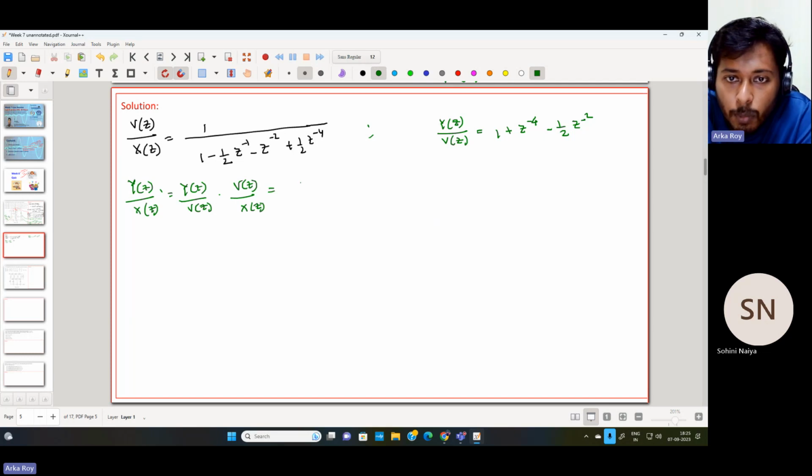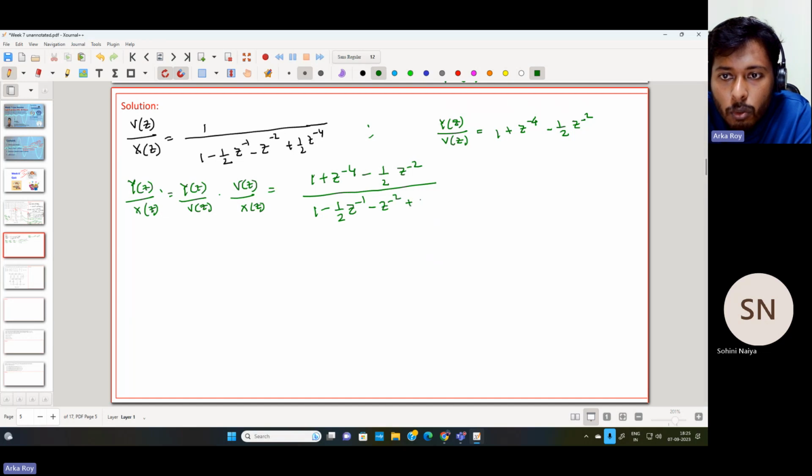So let me just plug in the relations. So 1 plus z to the power -4 minus half z to the power -2, divided by 1 minus half z to the power -1, minus z to the power -2, plus half into z to the power -4. Now this is basically what Y(z) upon X(z) looks like.